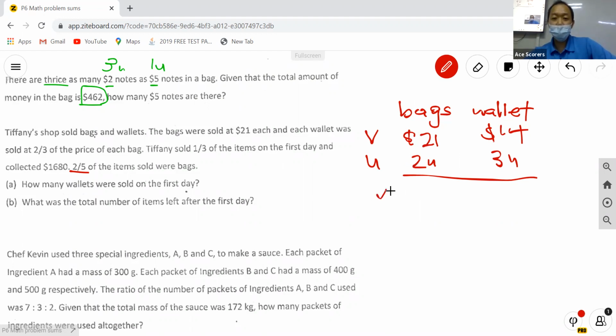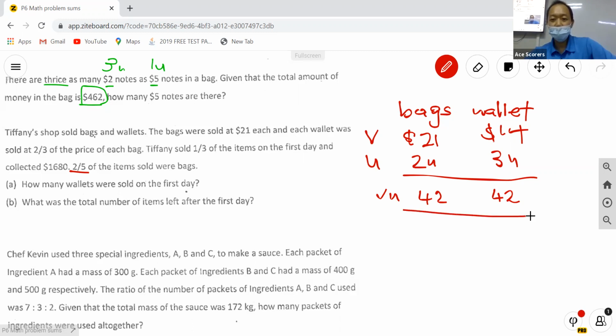You get BU, right? 21 times 2 is 42 BU. 20 times 3 is 42 BU. So we got 42 BU here, 42.